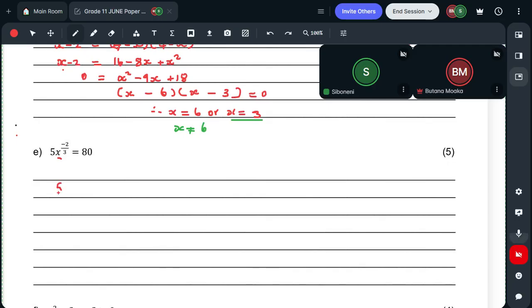So I'm given 5 x to the power minus 2 over 3, and this is equated to what? 80. So the aim is to isolate x. I can first start by dividing both sides by 5. Therefore, this gives me x to the power minus 2 over 3 equals to, what is 80 divided by 5? What do you get?